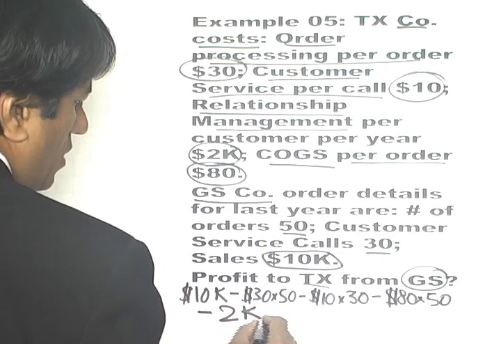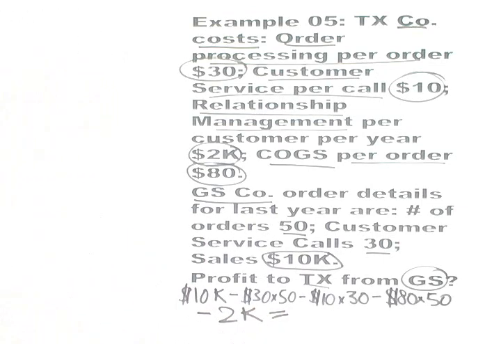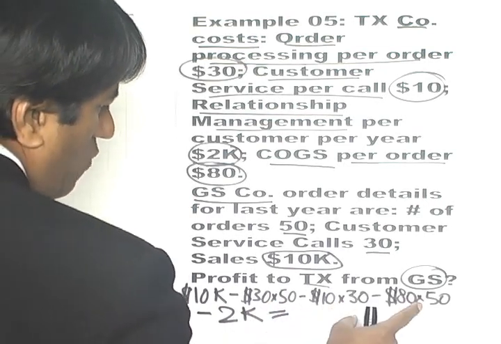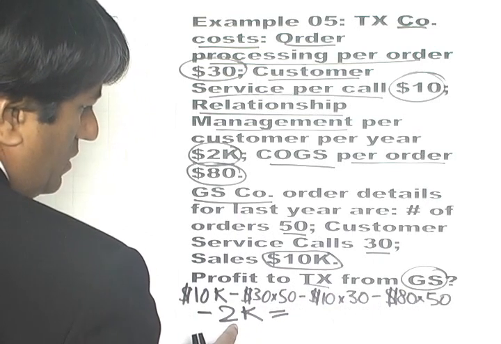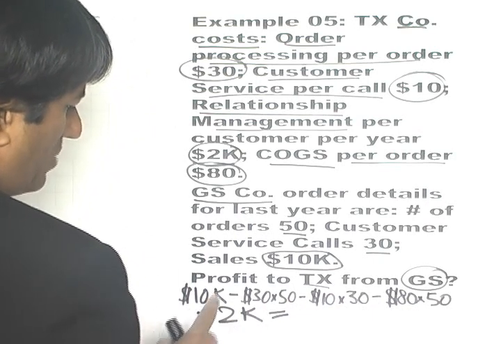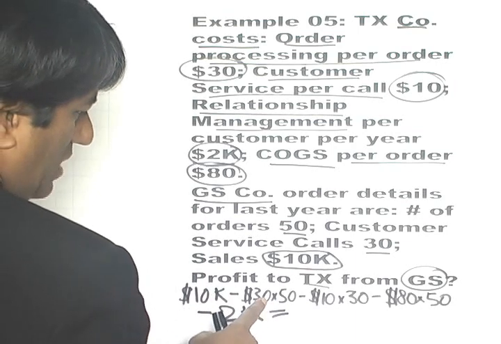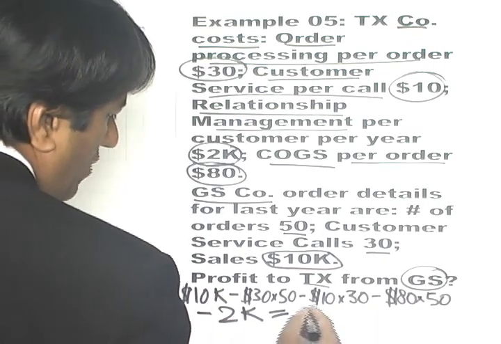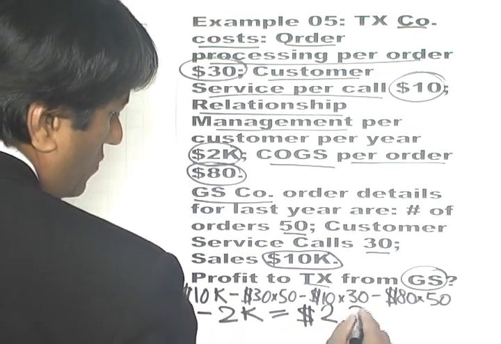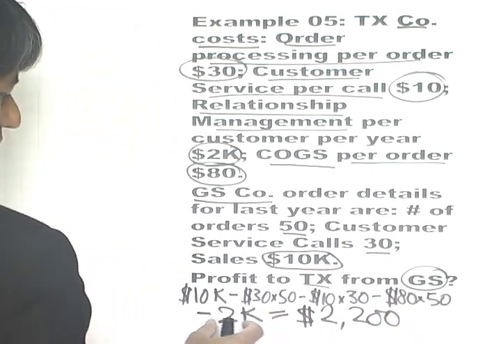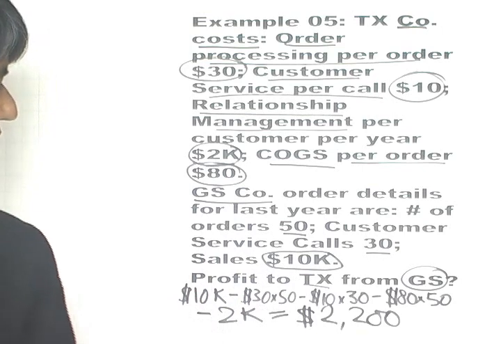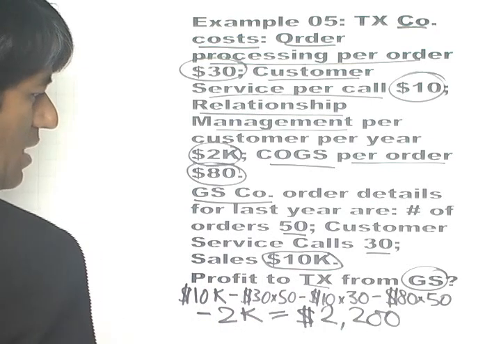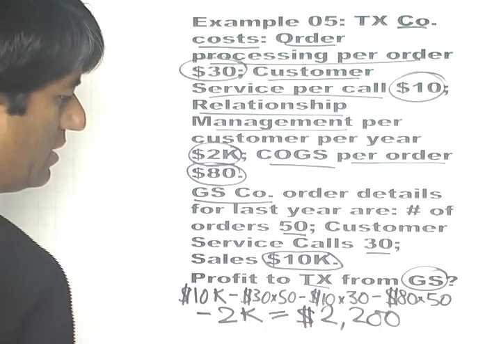So then you subtract 2,000. Now from 10,000 you subtract 1,500, 300, 4,000, and 2,000, and you're left with 2,200. So that is the profit this particular account is producing. Of course, if the revenues were lower or the costs were higher, it could have been a loss, in which case they should have renegotiated the account with the customer.